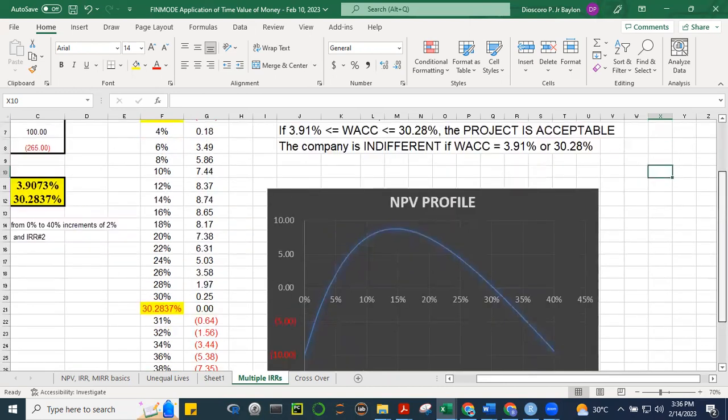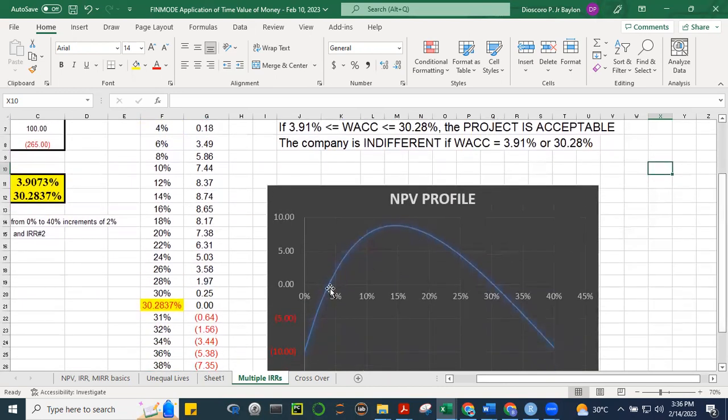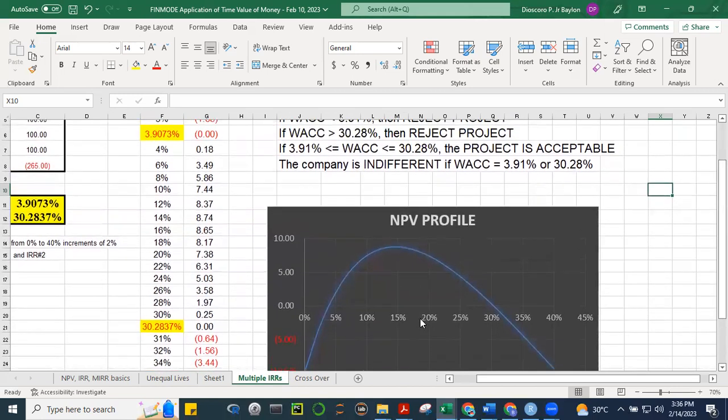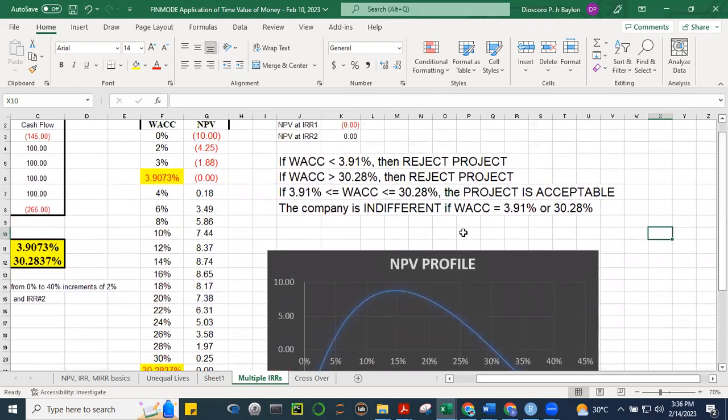And between 3.91 at saka 30.28, acceptable yung project, because between those two, the NPV is positive. And then the company is indifferent if WACC is 3.91 or 30.28.